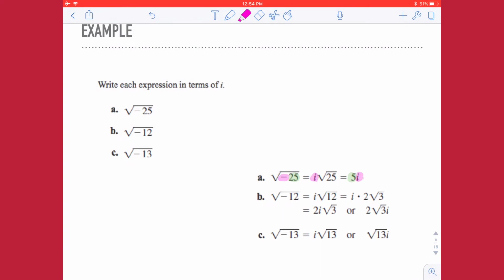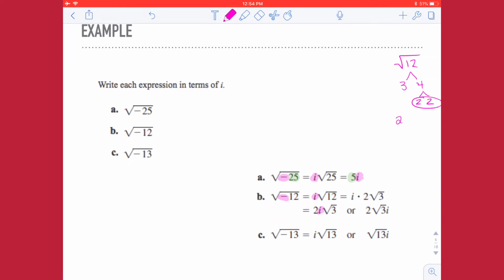If I look at the negative square root of 12, again, if I take the square root of a negative, that produces the i, which ends up being on the outside. And then if I'm going to take the square root of 12, I have to think about how to simplify radicals. Two numbers that multiply to 12 are 3 and 4, and two numbers that multiply to 4 are 2 and 2.